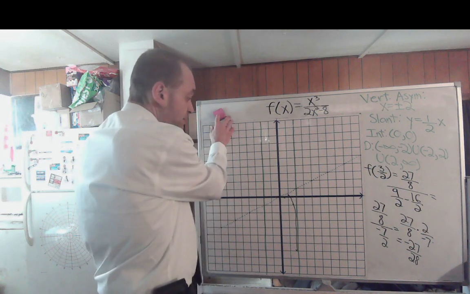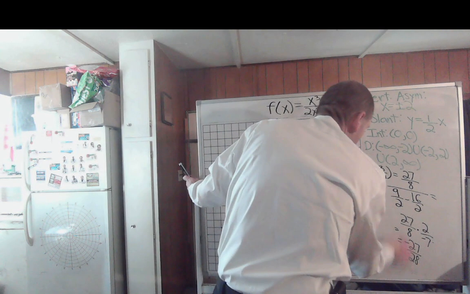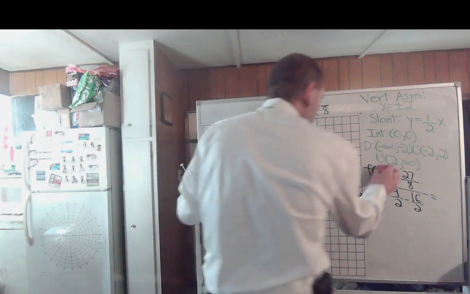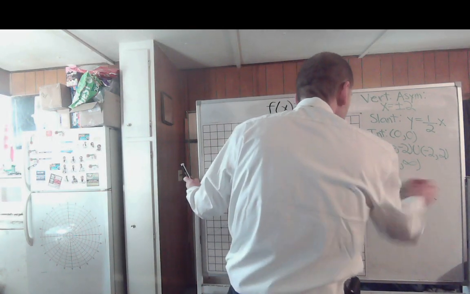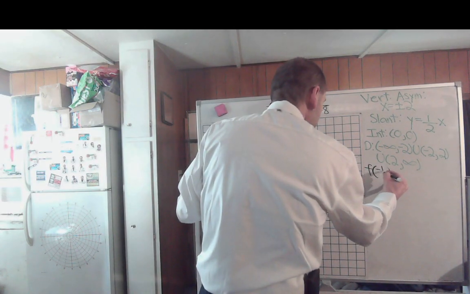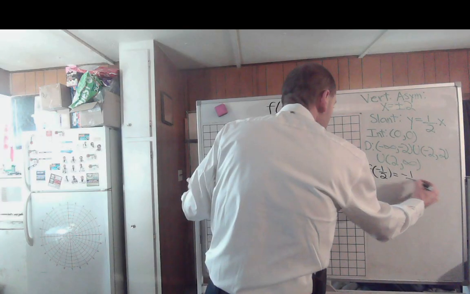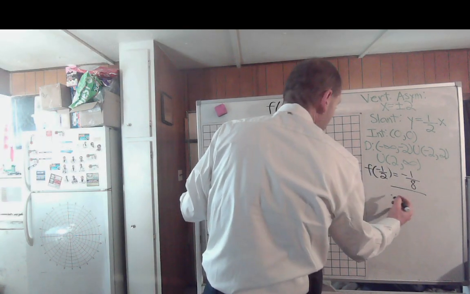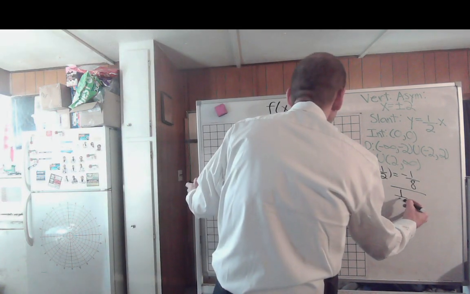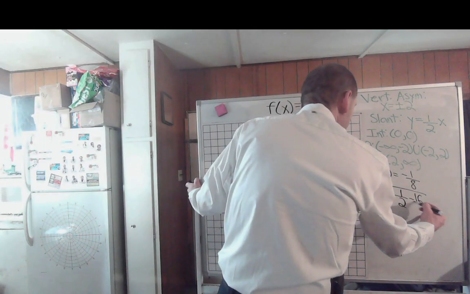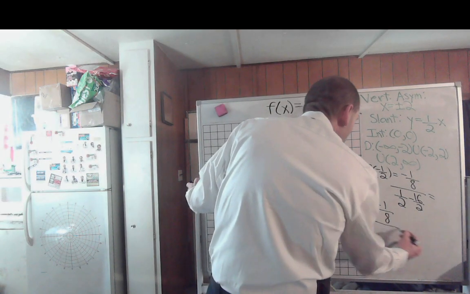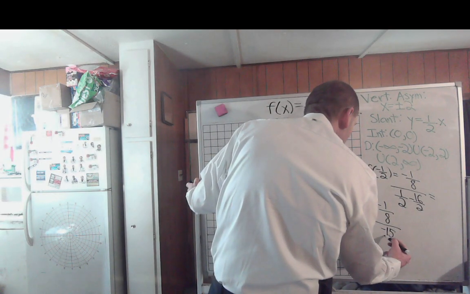Now let's see what happens here if we pick -1/2. I'm actually doing the in-between piece first, you notice. So let's pick f of -1/2. So f of -1/2 is going to give me -1/8 all over, what's 2 times 1/4? That'd be 1/2 minus 16/2. So that's going to give me -1/8 all over -15/2. Well, the negatives are gone.